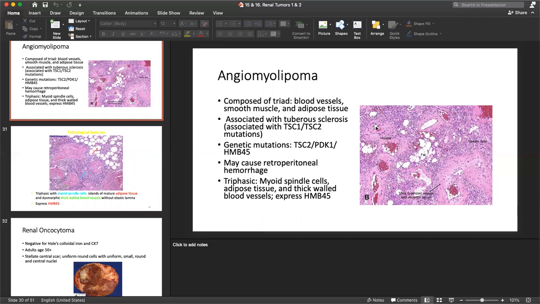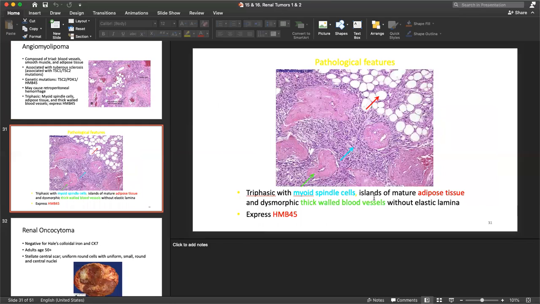So really look for all 3 things. Look for blood vessels, spindle cells, and then fat cells, and you've got this one. Here we are again. Here's our spindle cells. Here's our really thick wall blood vessel, and here's our fat. And it expresses HMB45.